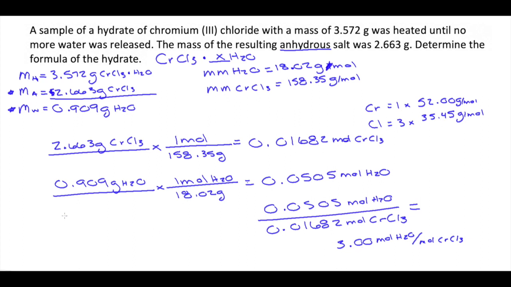So my final answer is I want you to write the formula and the name for this hydrate. So I'm going to start out with the formula. So chromium 3 chloride, and I'm going to put a 3 here, and then H2O. That 3 is what we calculated. And then to name this, we just name the ionic salt.